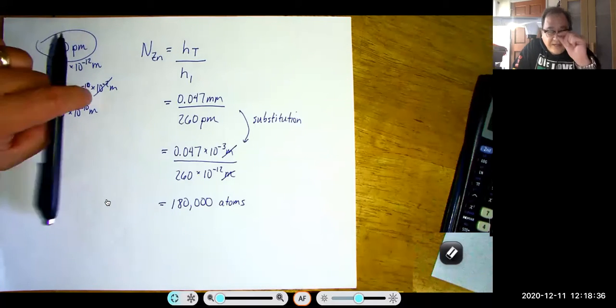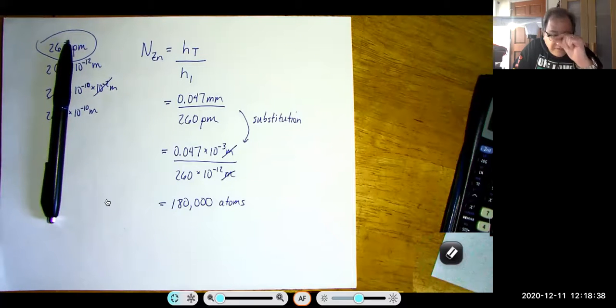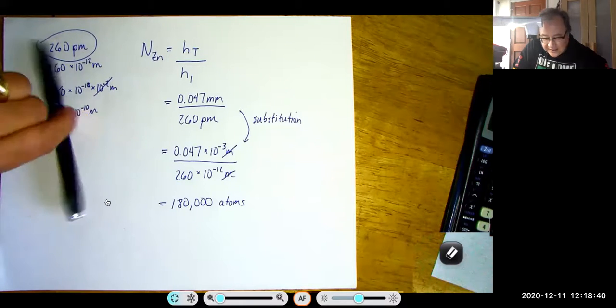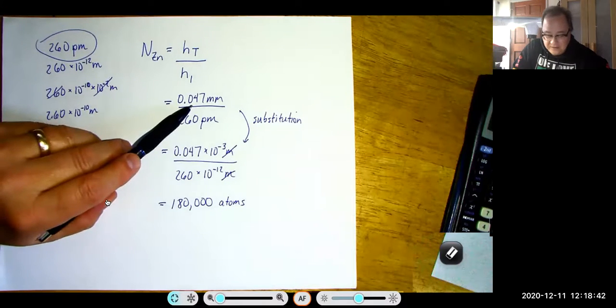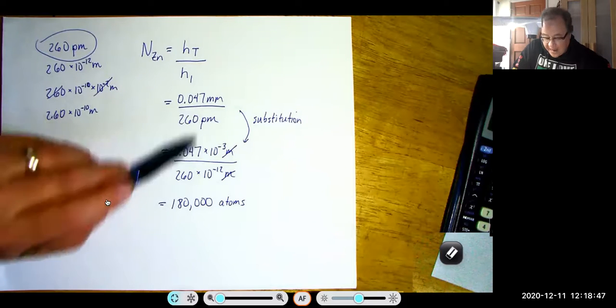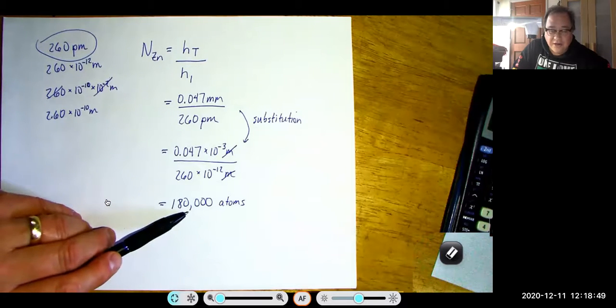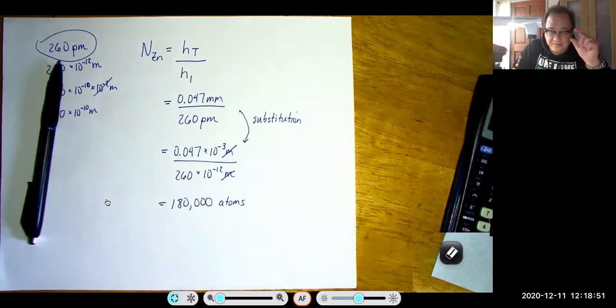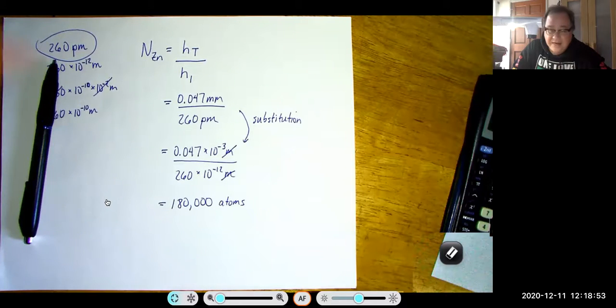You saw how thick the zinc was on the nail, very, very thin, less than a millimeter. In fact, closer to half of a millimeter. And how many atoms are there stacked one on top of another in that? 180,000 atoms.